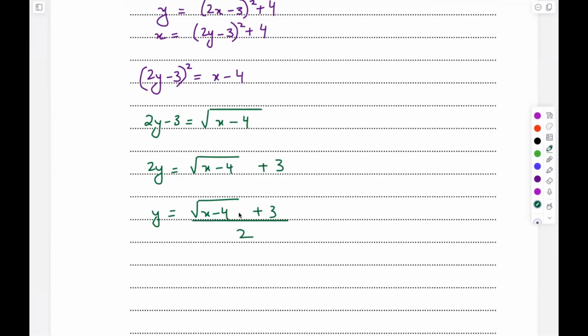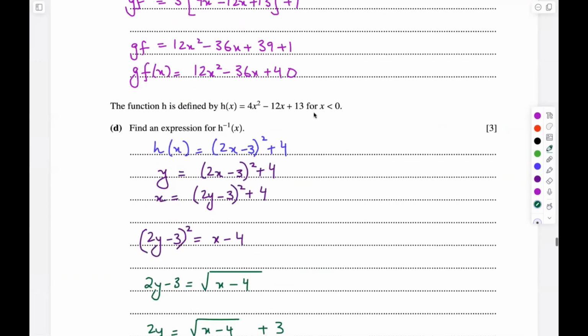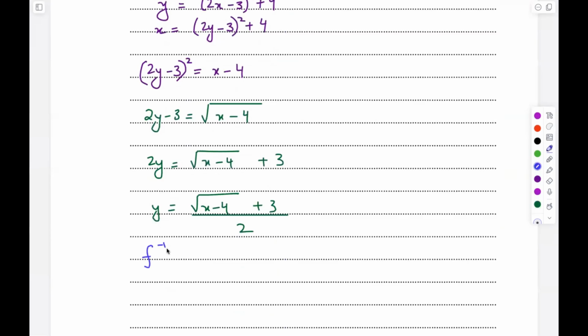Now, as the square root comes with a positive and a negative sign, and we know that the x value for the function h is less than 0, it means that the range for the inverse function, which is basically h inverse of x, we can add a plus or minus sign over here.